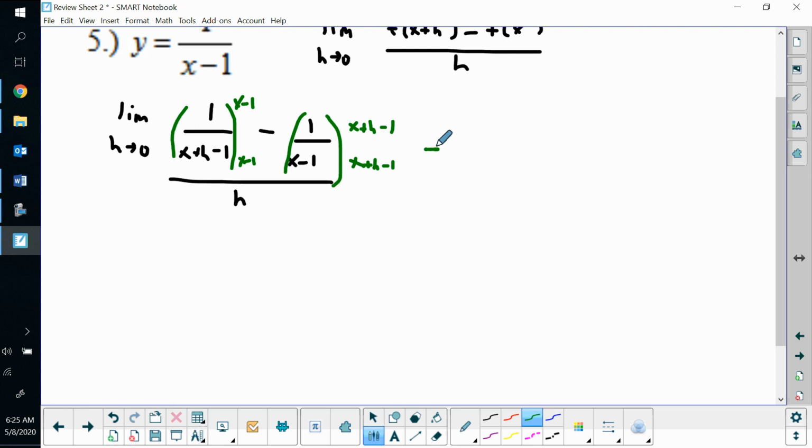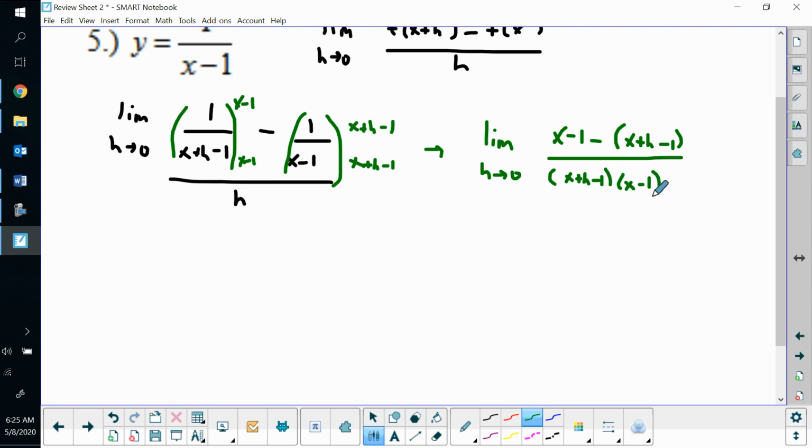So this will then give us, make sure you rewrite your limit each time, x minus 1 minus, and then a parenthesis, x plus h minus 1 all over our common denominator. And then I'm going to write the divide by h like this.